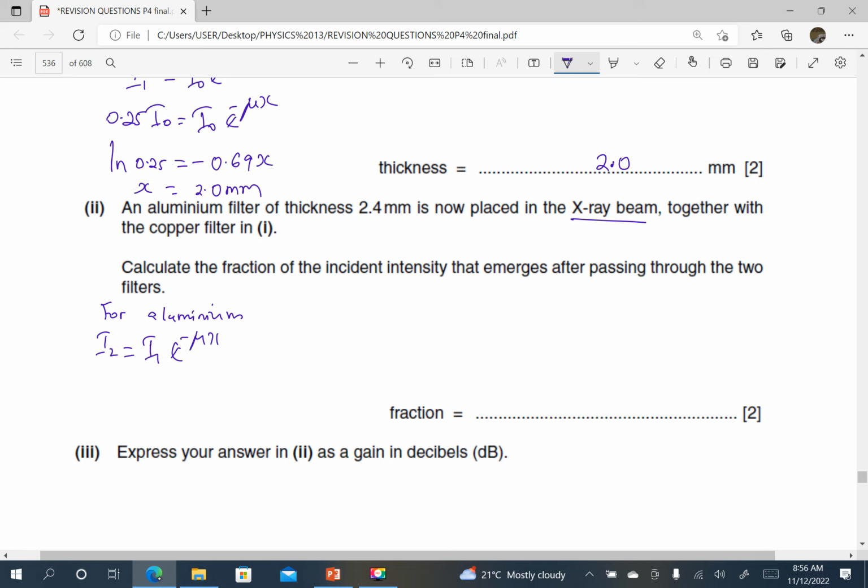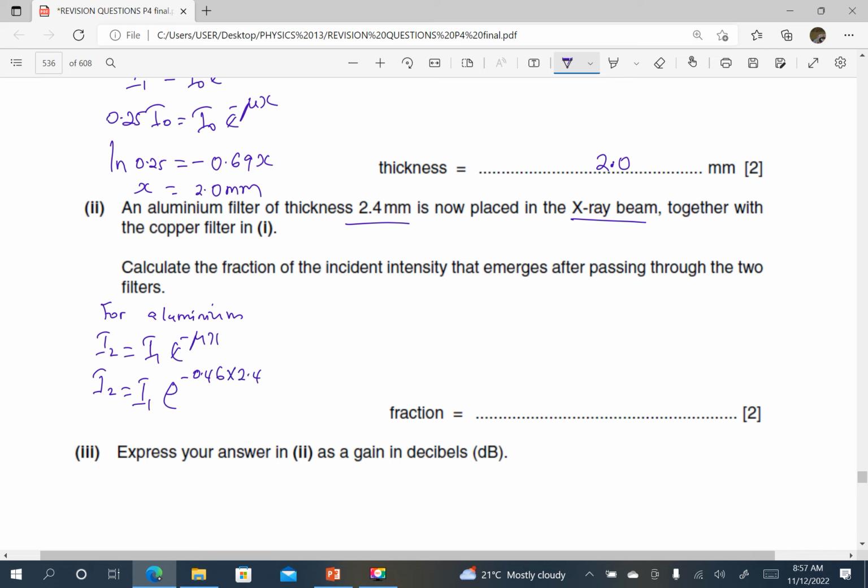Okay, so if we make substitutions, because we want the fraction of the incident intensity that emerges after passing through the two, I will first of all find this one. So I2 is equal to I1 e power negative mu, for aluminium is 0.46, and the thickness is given as 2.4. So I will say times 2.4.